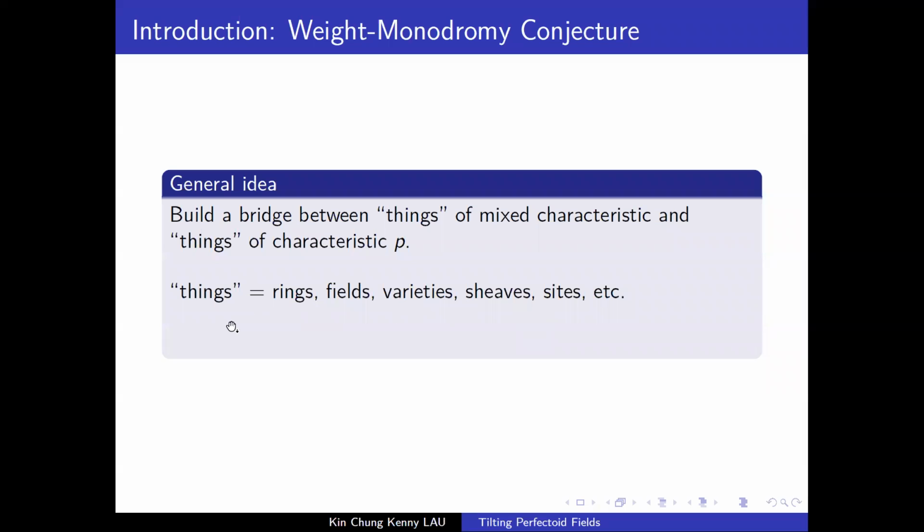And what does a bridge mean? Well, bridge is a category theory thing, because each of these things forms its own separate category. So this bridge is maybe a functor, or maybe even an equivalence of categories. So you want to go both ways.